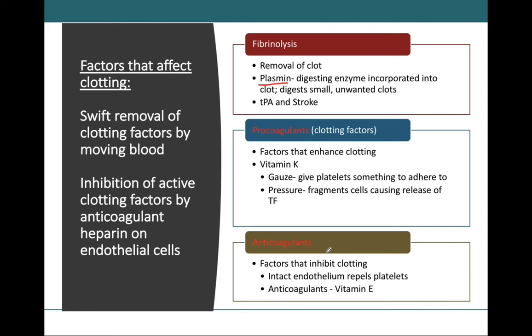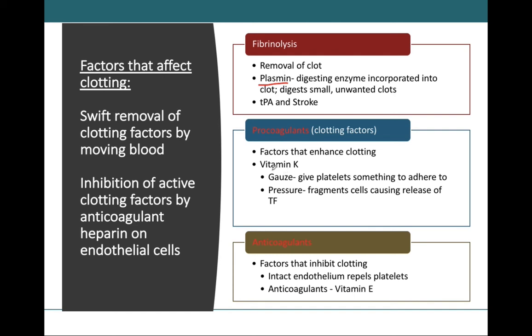Procoagulants are used when we're trying to speed up the process of coagulation. Vitamin K is one, for example, that will directly lead to an increase in clotting factors. Vitamin K is necessary to synthesize 4 of the clotting factors that play a role in coagulation. Vitamin K is normally found within the body, and it's considered a natural procoagulant.